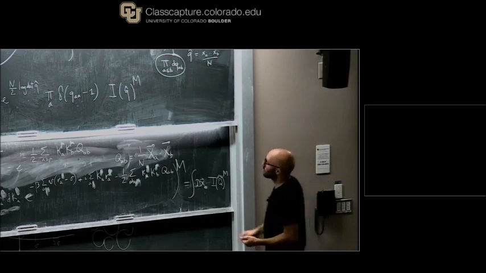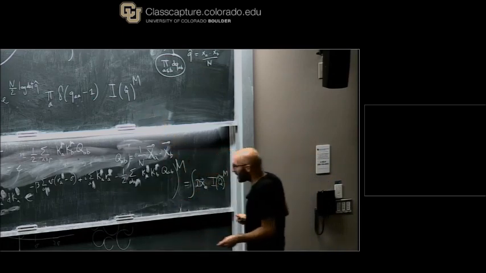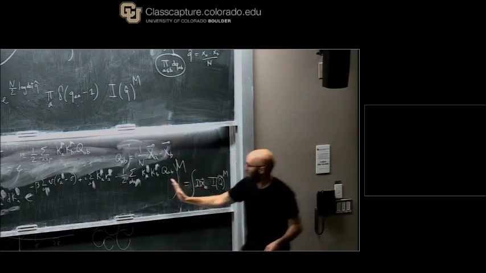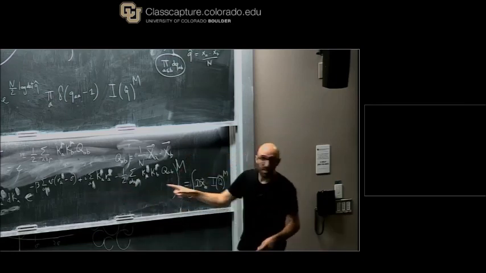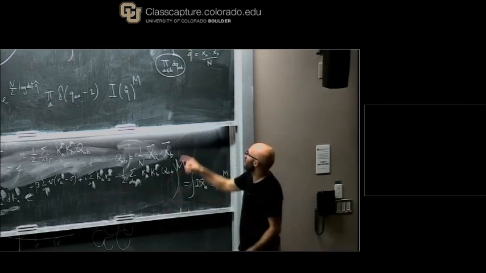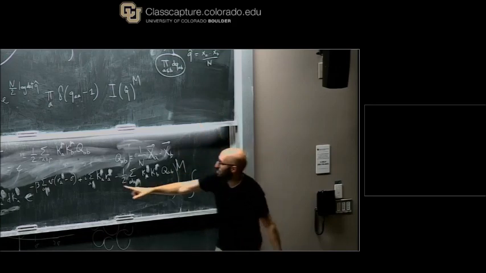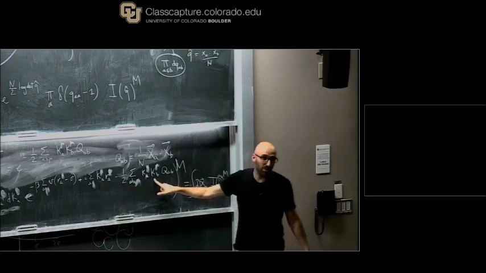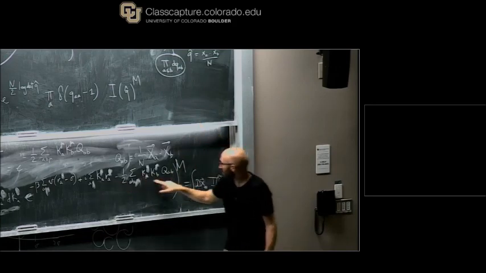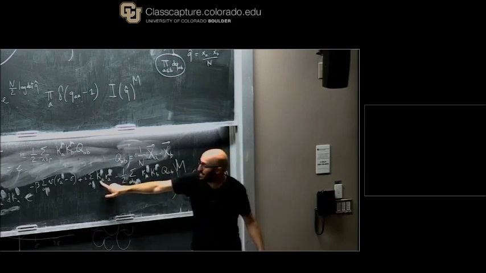Okay, so I was here, and now the function I of Q was defined inside this parenthesis. You see that the integration over k is Gaussian again, because k is quadratic here and linear here.